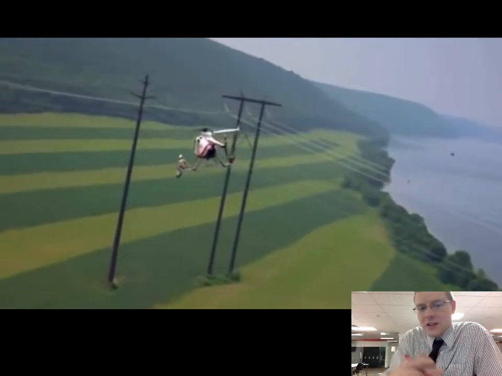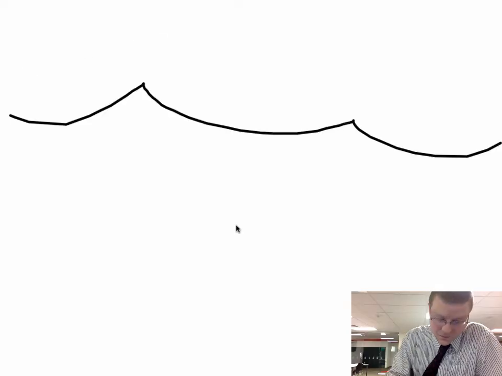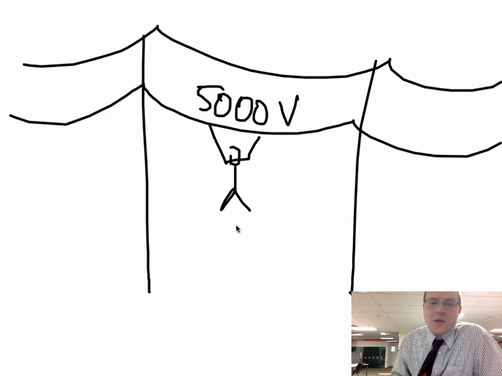So if you reach out and touch the pole itself at the same time, if that power line is at a 5,000 volt potential and you're just hanging on it, then you yourself are actually energized and raised to 5,000 volts, and you're perfectly safe.